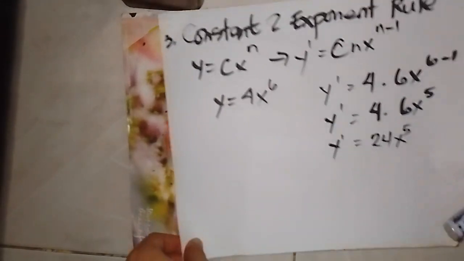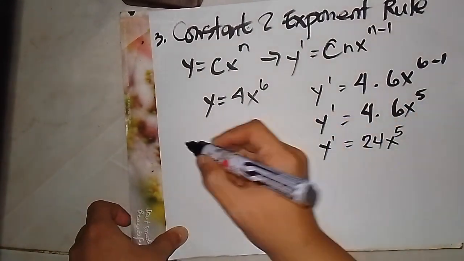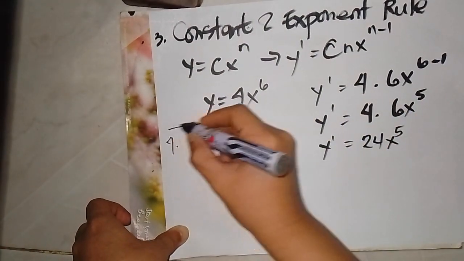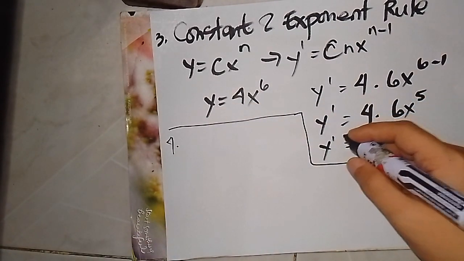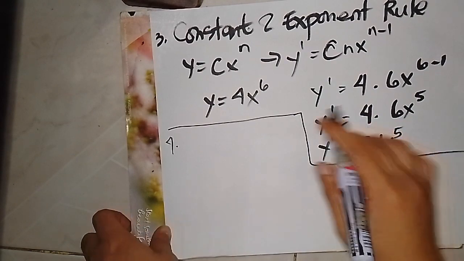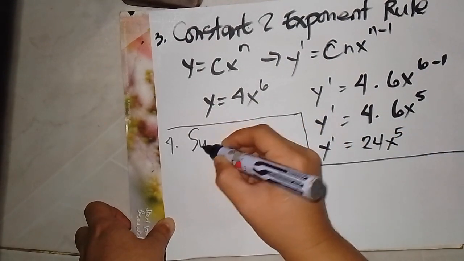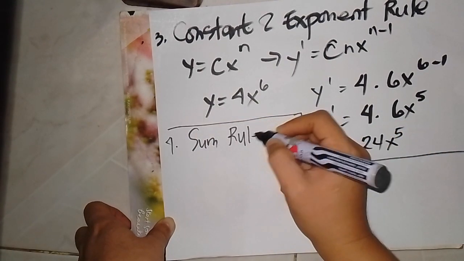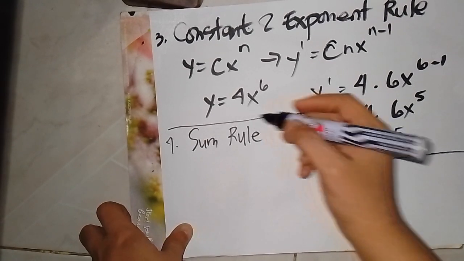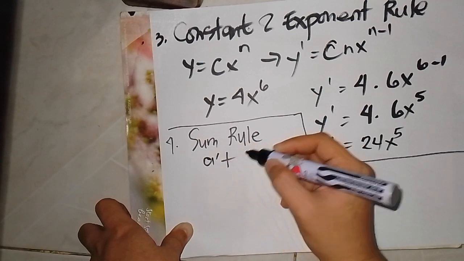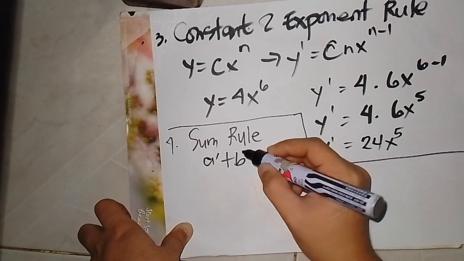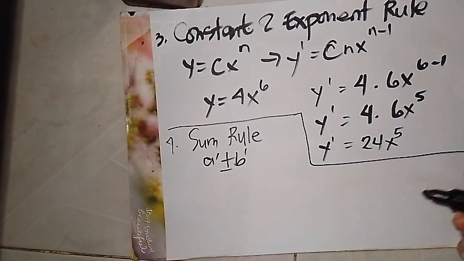So for the last rule, we have the sum rule. In the sum rule, we have a prime plus b prime, or a prime minus b prime.